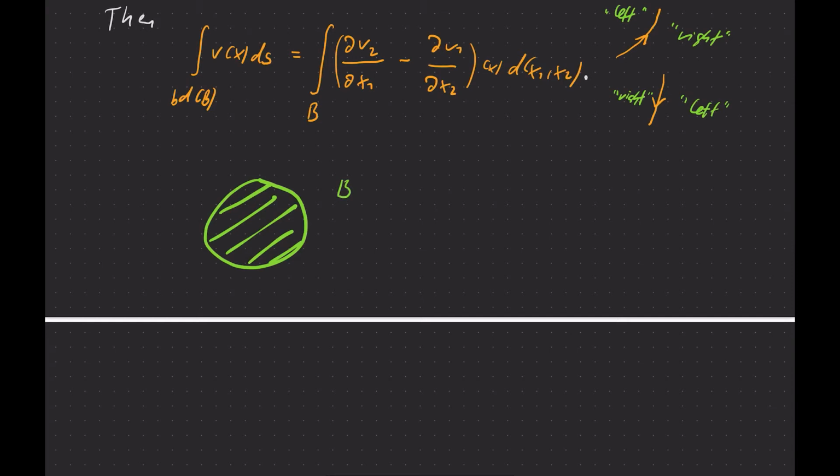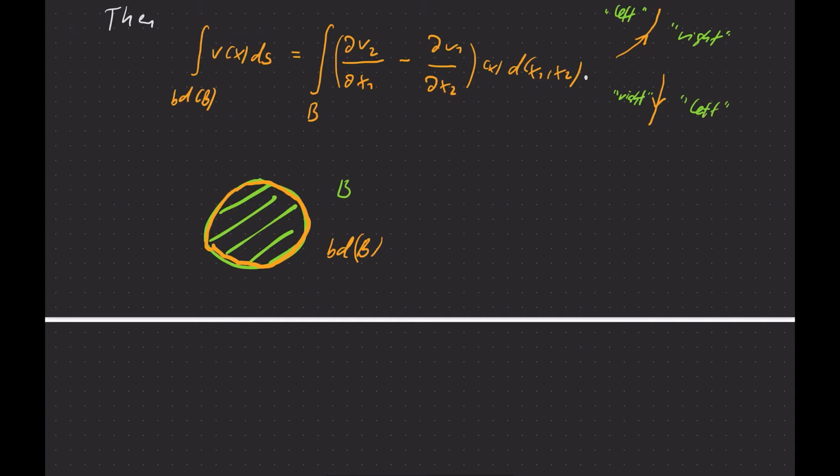Now what about the boundary of B? Well, the boundary of B is obviously this circle here, right? So that is the boundary of B. And so the question is, how can we parameterize that boundary in a way such that B itself is to the left of that curve?